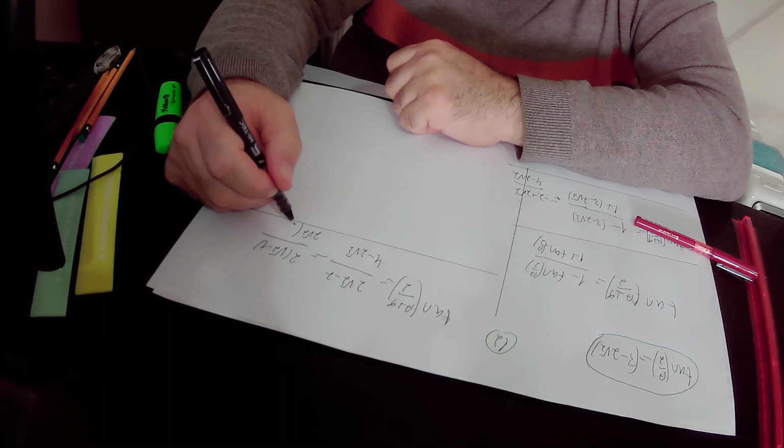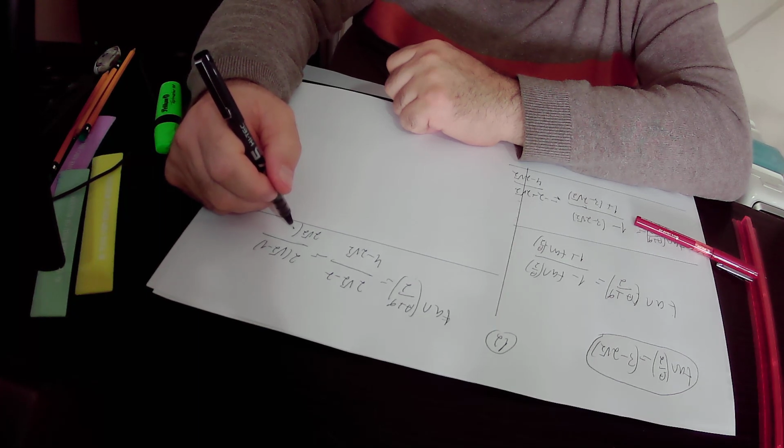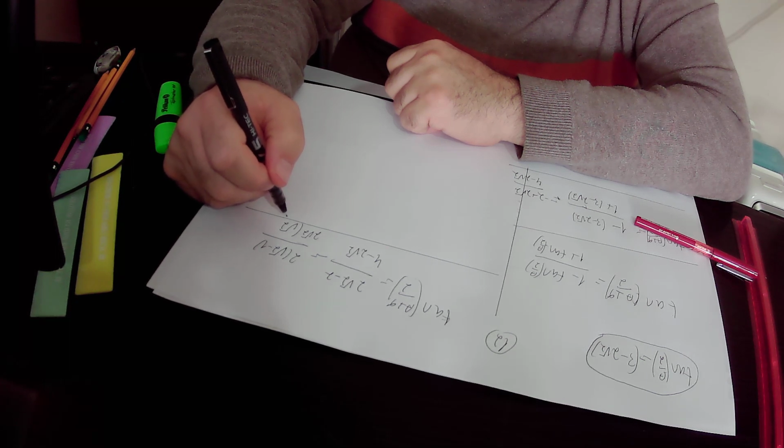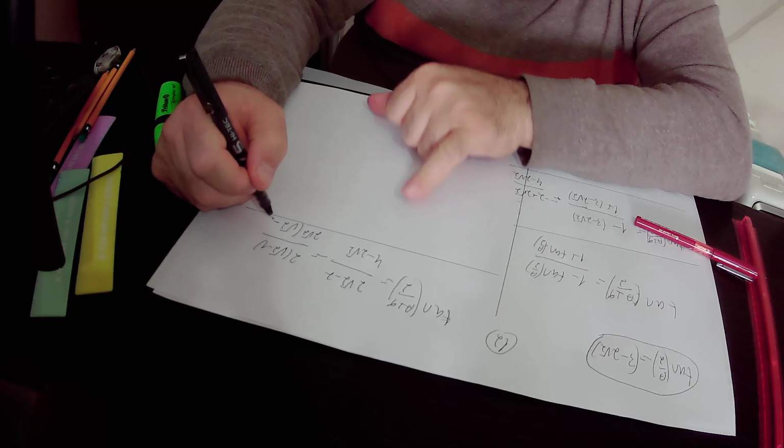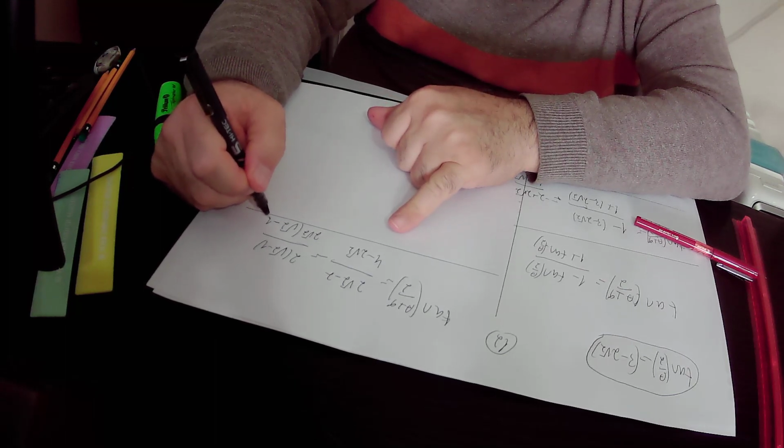Inside the brackets, what remains is square root of 2, because square root of 2 times square root of 2 times 2 is 4, and here what is left is minus 1.